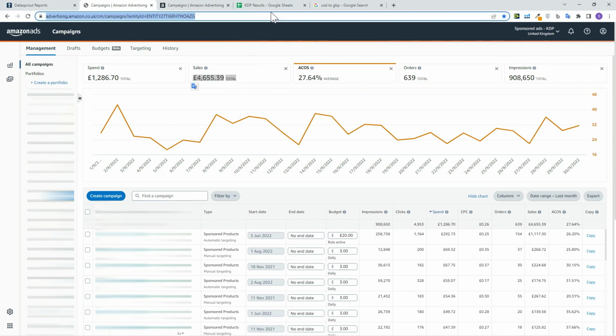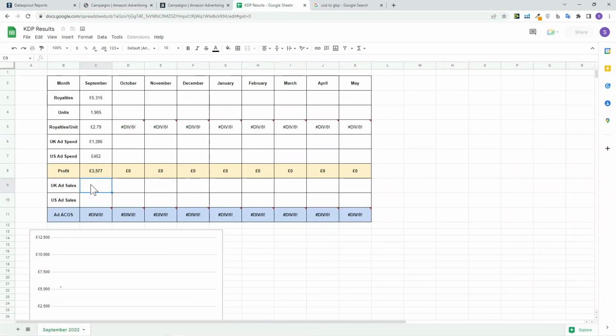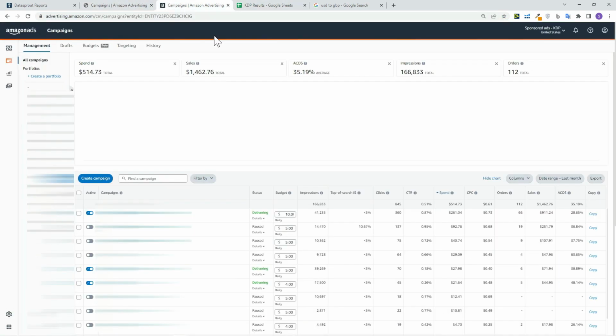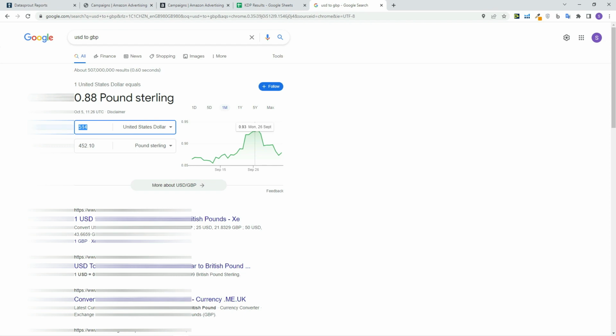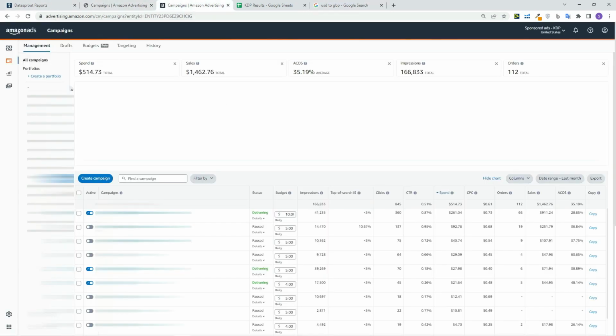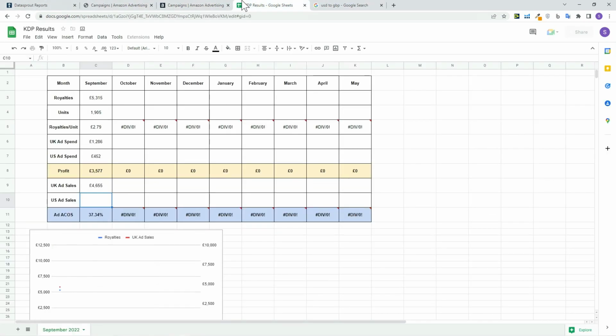So for my sales, I got 4,655 in the UK, and in the US, that actually was 1,462, which again I have to convert to British pounds, 1,285. So I need to pop that in here, 1,285. Which gives me an overall ACOS of 29.26%.